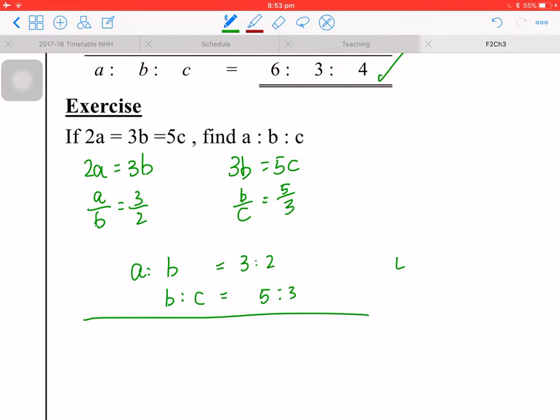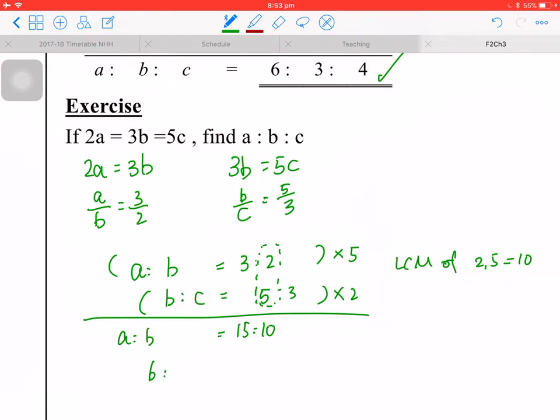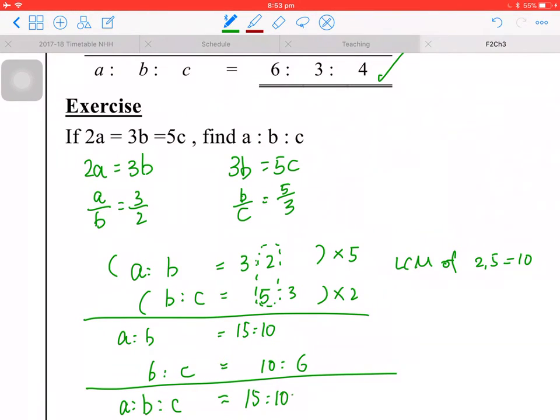Again, you have to find the LCM of the middle numbers. So 2 and 5, the LCM will be 10. For the first row, you multiply by 5, and for the second row, by 2. So you have 15 to 10, and for B to C, you have 10 to 6. When you join them together, you have 15 to 10 to 6.